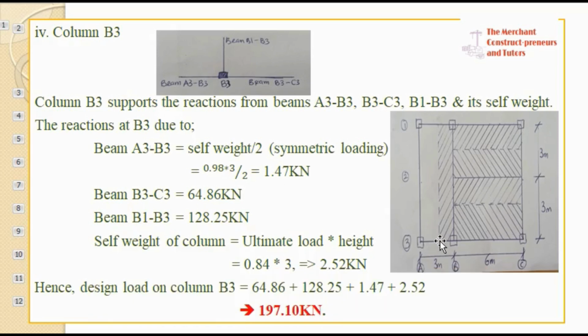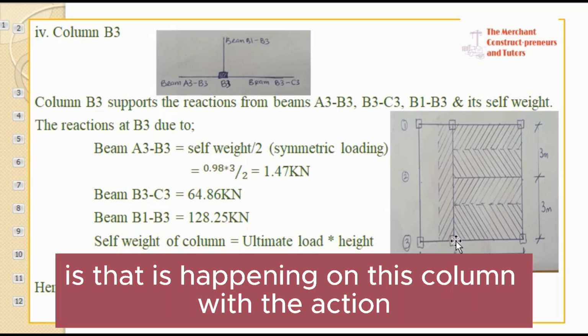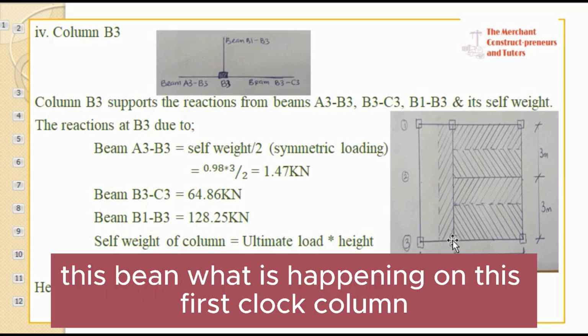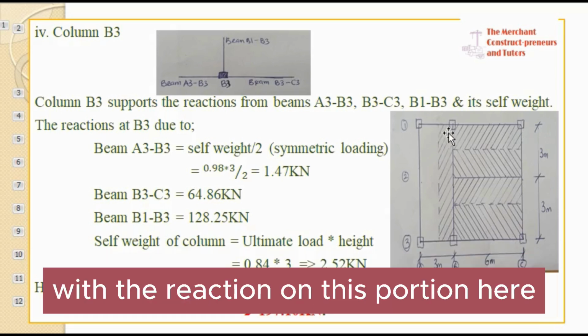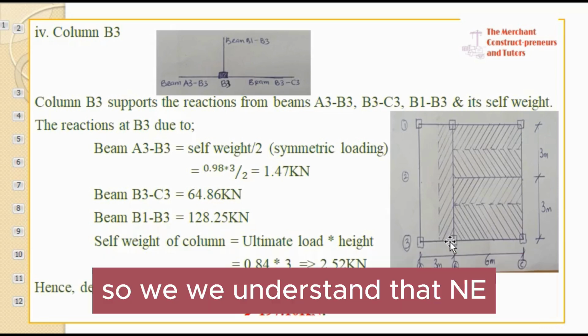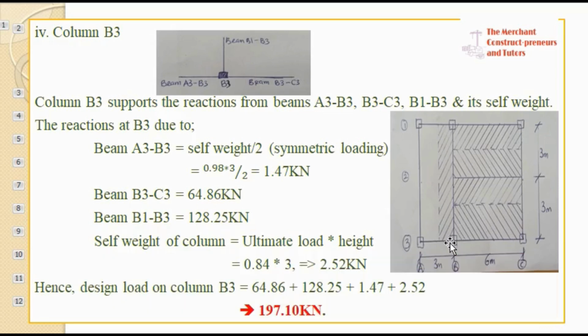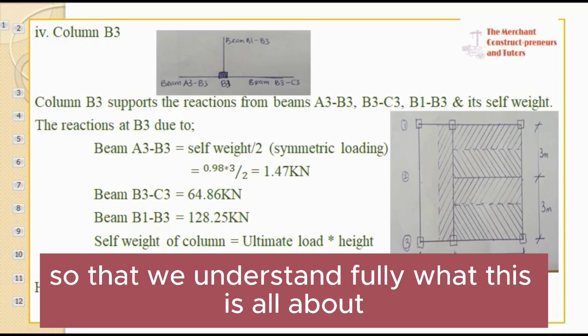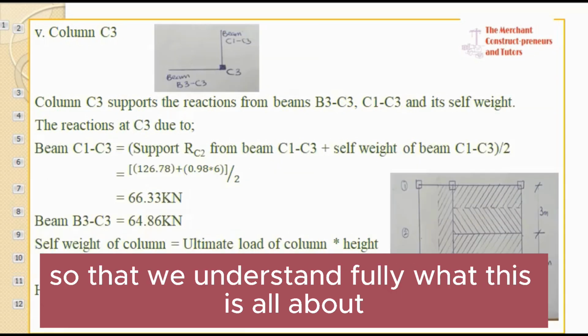What this beam is exerting on this column is the reaction at this portion here. This beam also has the reaction on this portion here. So we understand? Yes. Let's move on to the next one so that we understand fully what this is all about.